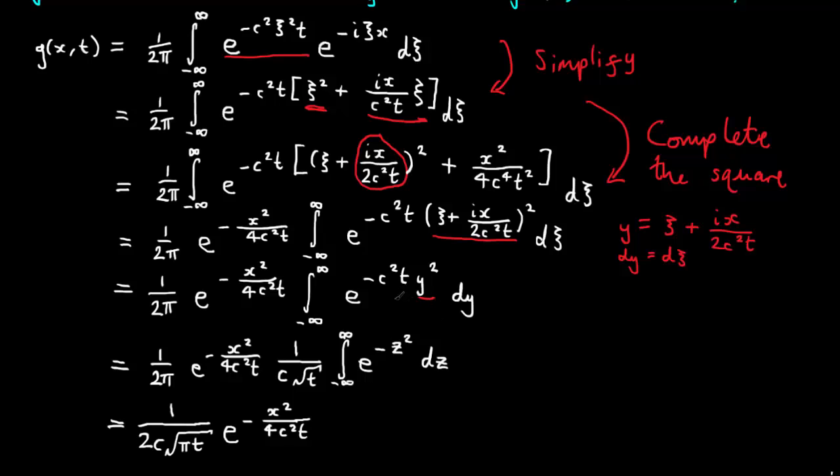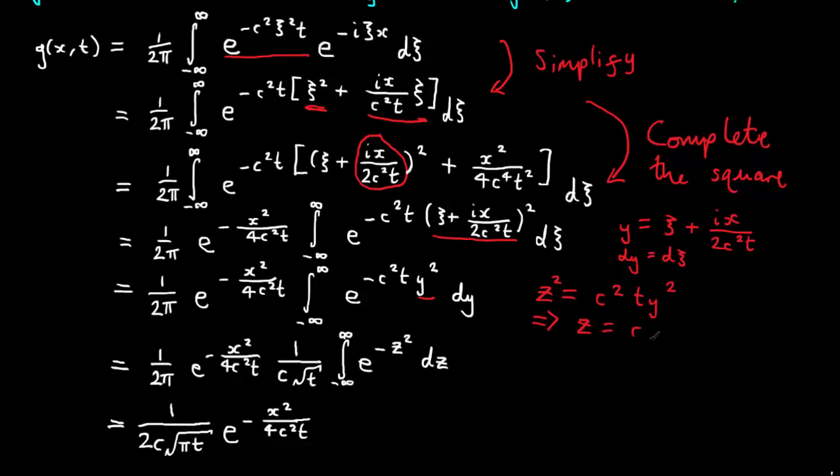Then the next step is going to be to make the whole exponent equal to minus z squared. So to do that, we're going to make the substitution that z squared will be equal to c squared t y squared. In other words, we're going to define z to be the square root of this.